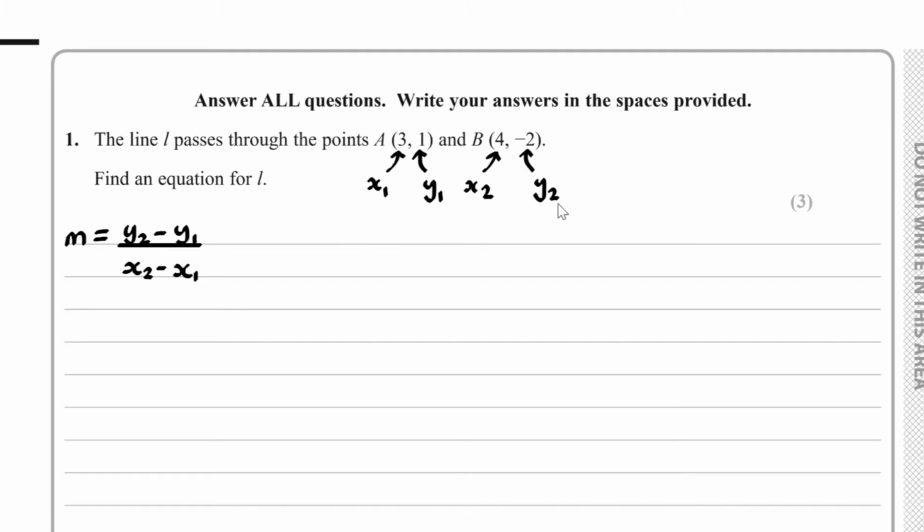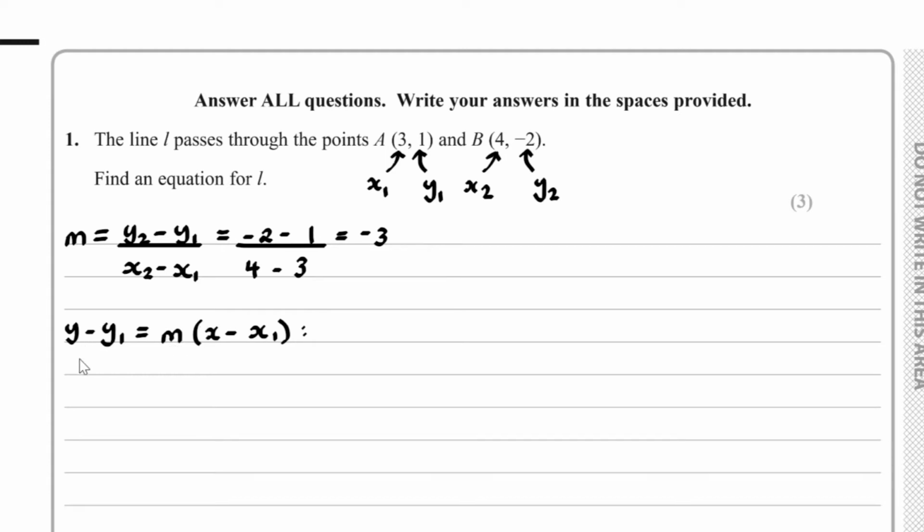If I substitute these in to here, we have y2 take away y1, so we've got -2 take away 1, divided by x2, which is 4, minus x1, which is 3. You will find the gradient to equal -3.